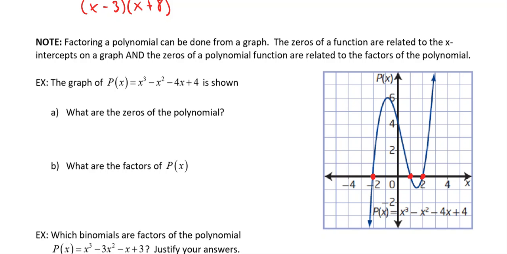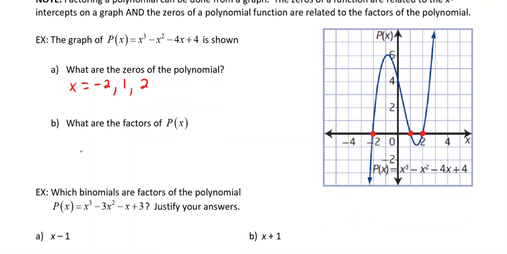Okay, well then those are my zeros, right? This thing has zeros at x is equal to -2, 1, and 2. Those are just the x-intercepts there. So if it says what are the factors of p of x, then the factors are x plus 2 and x minus 1 and x minus 2.